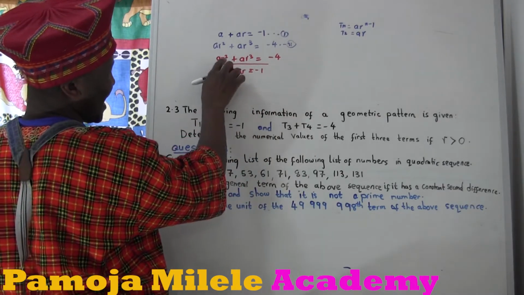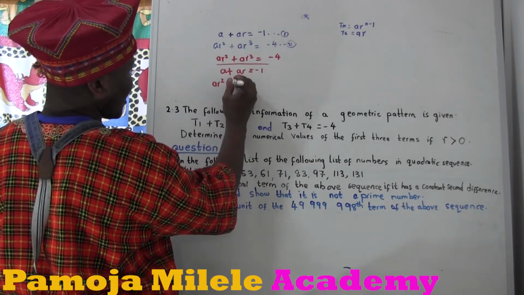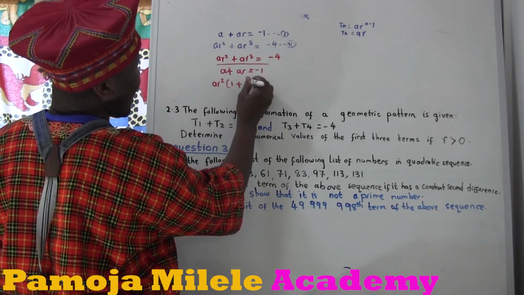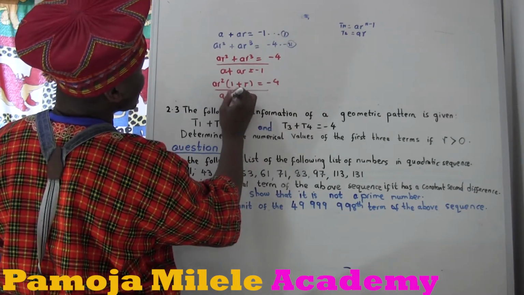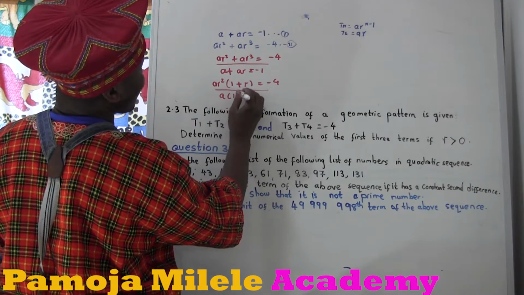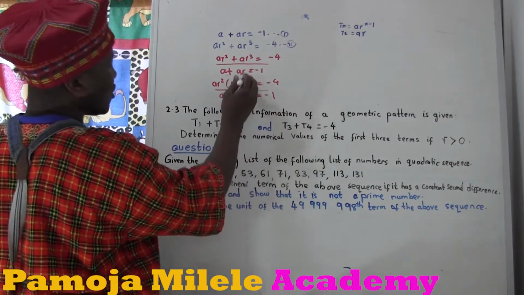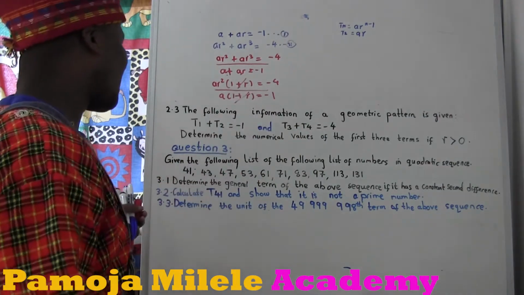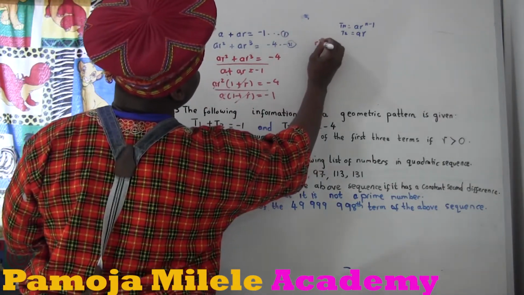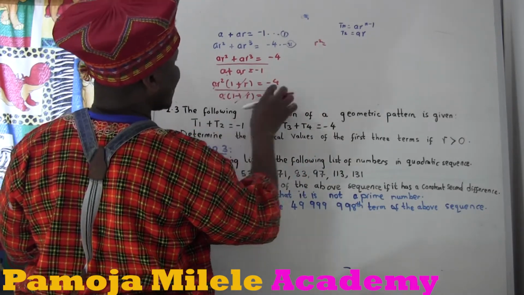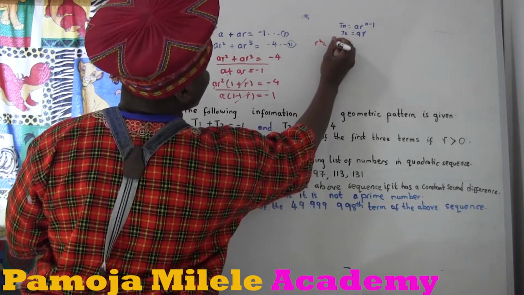I've got a common factor. a r squared can go out on top, 1 plus r, equal to negative 4. And here I can take a out, so I'll be left with 1 plus r equal to negative 1. These common factors cancel, and a cancels. So r squared equal to negative 4 divided by negative 1 equal to positive 4.